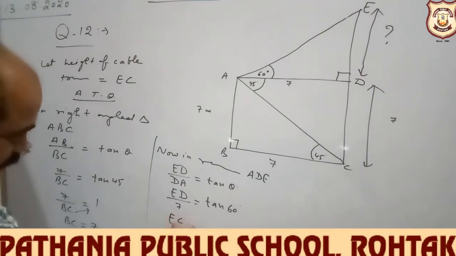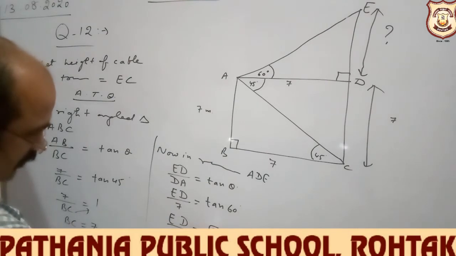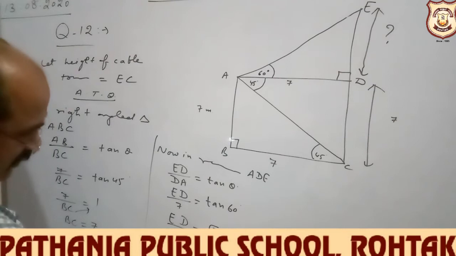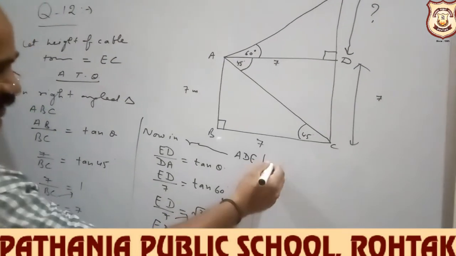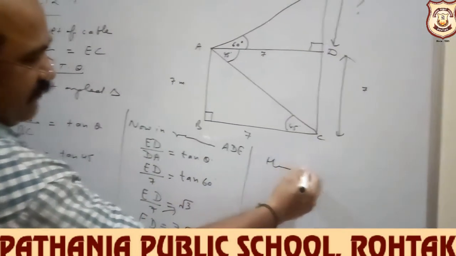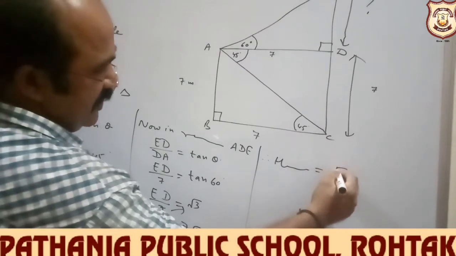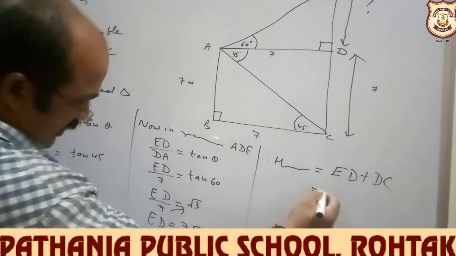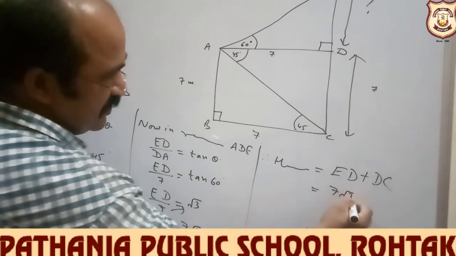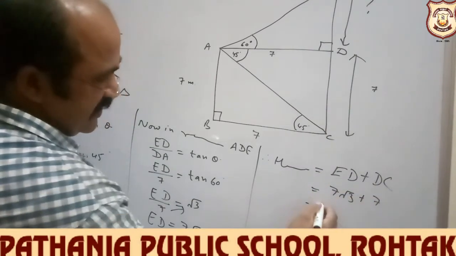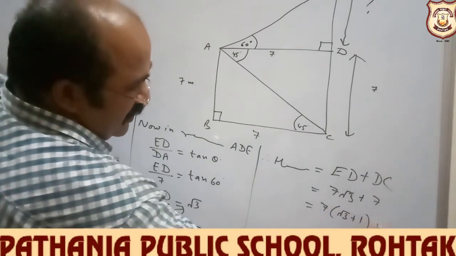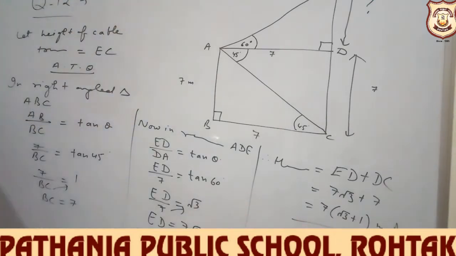ED upon 7 equal to root 3. ED equal to 7 root 3. Therefore, height of cable tower is ED plus DC. ED is 7 root 3, DC is 7. 7 you will take common. 7 times root 3 plus 1 meter is our answer.